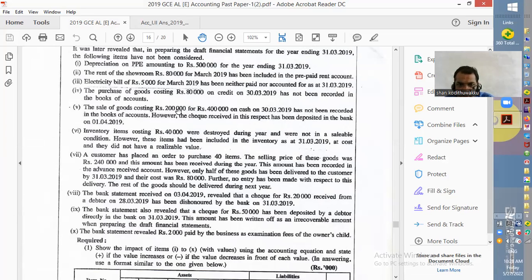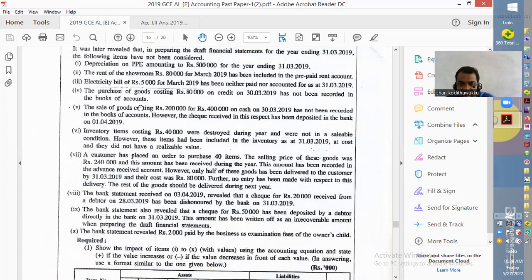The cost was 200,000. Therefore, your inventory will come down by 200,000. That is minus 200,000 under inventory. Then under cash, you can put plus 400,000 or 400, because you have received a check, then your cash balance will increase by another 400,000.